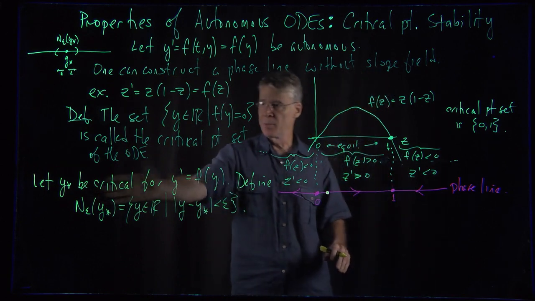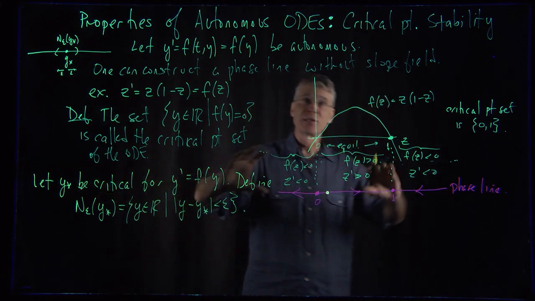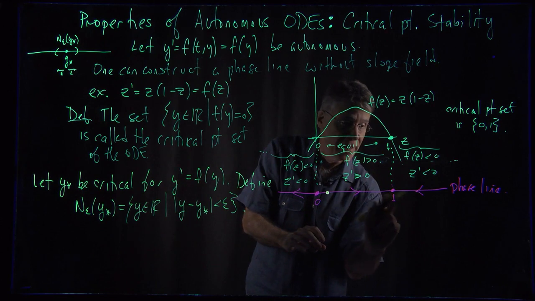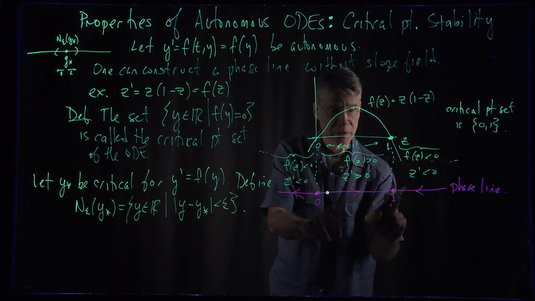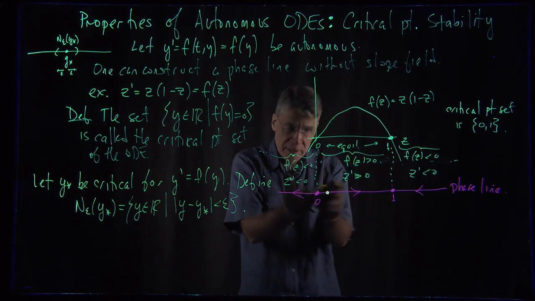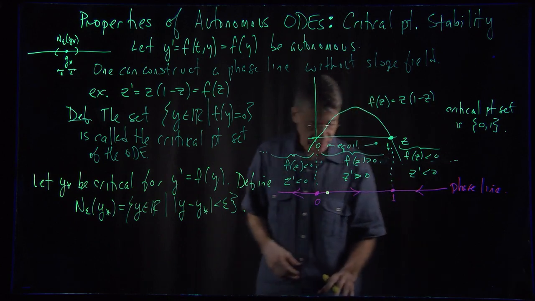Okay, so let's say we have a critical point, and let's look at the points nearby one of our critical points. In this particular case, it will be either 1 or 0. Let's form a little neighborhood and see what happens nearby.